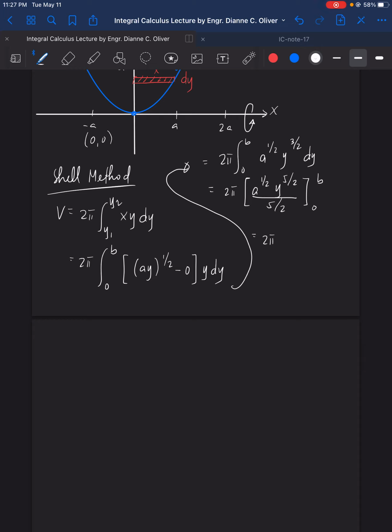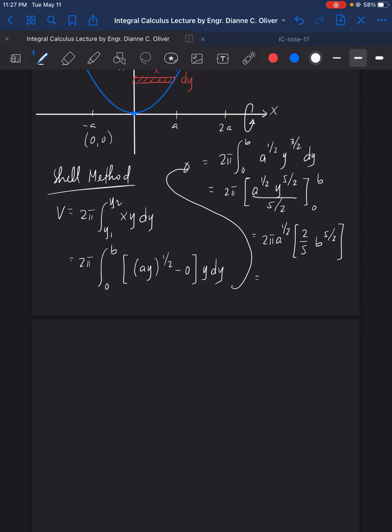This is 2 pi a raised to 1/2. Then we now have here b. Okay, so this becomes 2/5. So this is 2/5. Then b raised to 5 over 2.